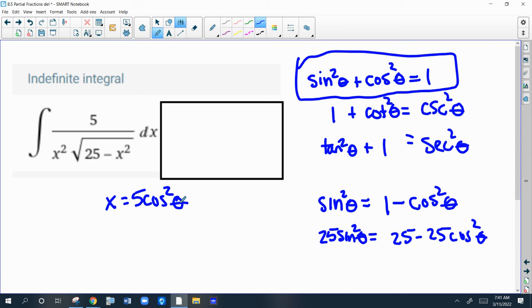If you let x be 5 cosine theta, then x squared would be 25 cosine squared theta, and I already had that 25, that's why I chose it. Then this whole thing would be 25 sine squared, and I could square root that. So that is something that might work. So I'm going to go with it and see if it does.